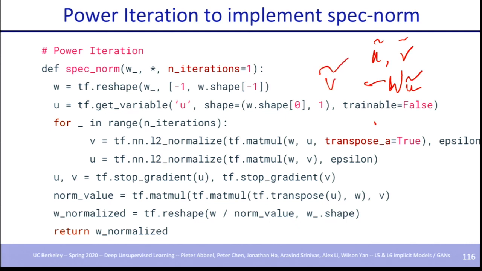Then you take W transpose, because your matrix is rectangular, and multiply that with v tilde, and you figure out what is the next u tilde. So for a square matrix, it's basically saying that if you take a matrix A and keep calculating A times v multiple times with the latest v, you converge to a fixed point, and that's your singular vector. So for a rectangular matrix, you need two different vectors of the row and column dimensions respectively.